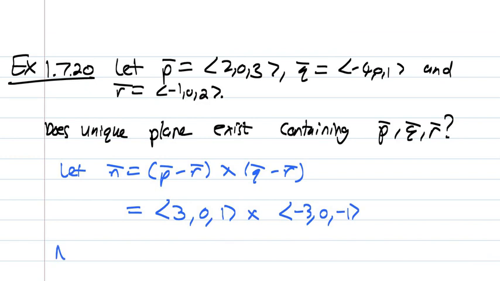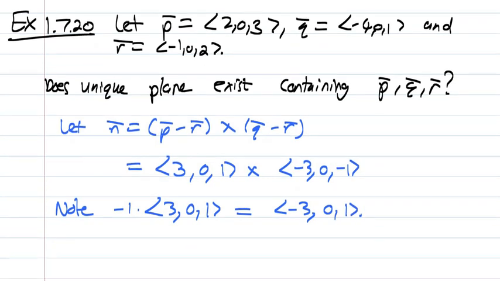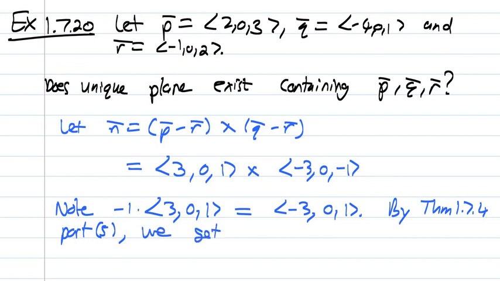However, note that 3, 0, 1, if you multiply it with a scalar minus 1, it becomes minus 3, 0, minus 1. So you can do the cross product, but you can also say by Theorem 1.7.4, part 5, because the two vectors are scalar multiples of one another, this works out to be the 0 vector.